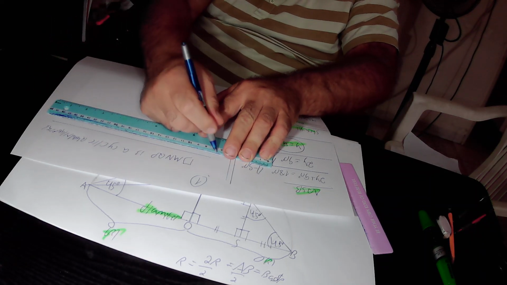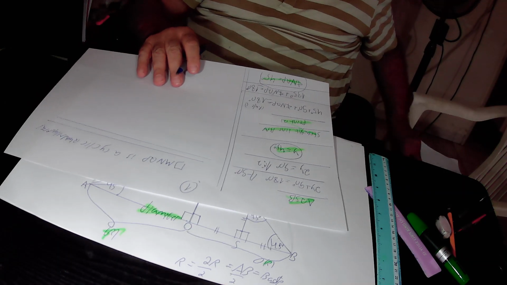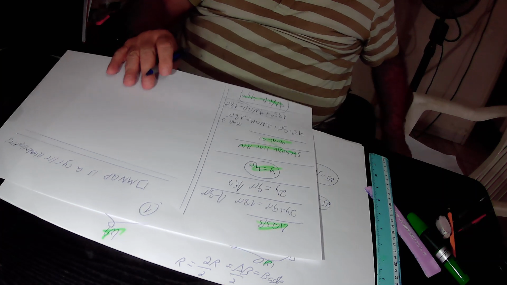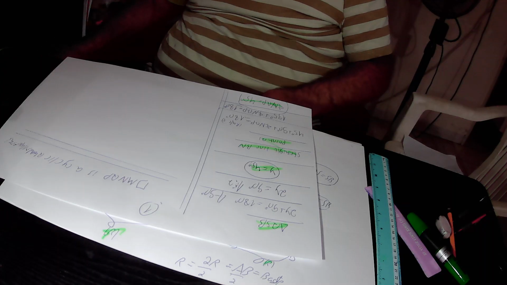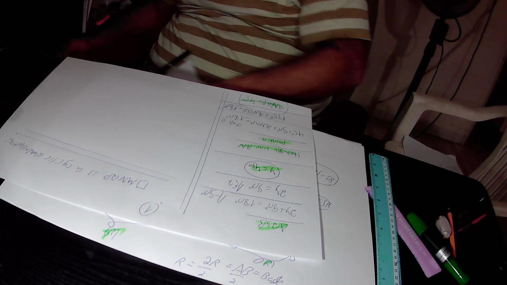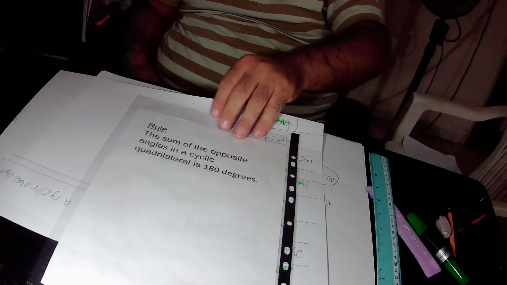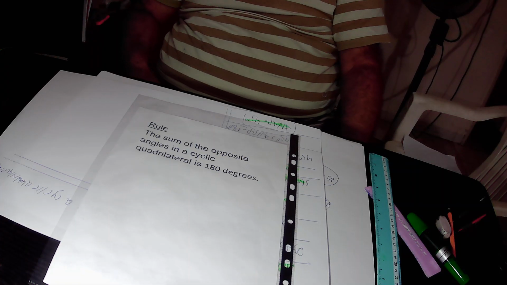We have a rule that relates to a cyclic quadrilateral. According to the rule, the sum of the two opposite angles in a cyclic quadrilateral is equal to 180 degrees.